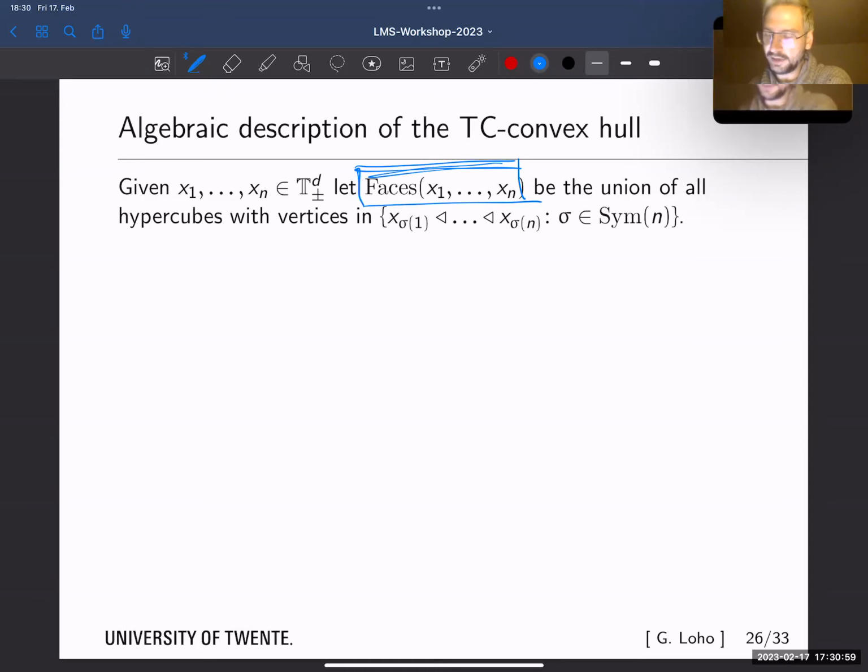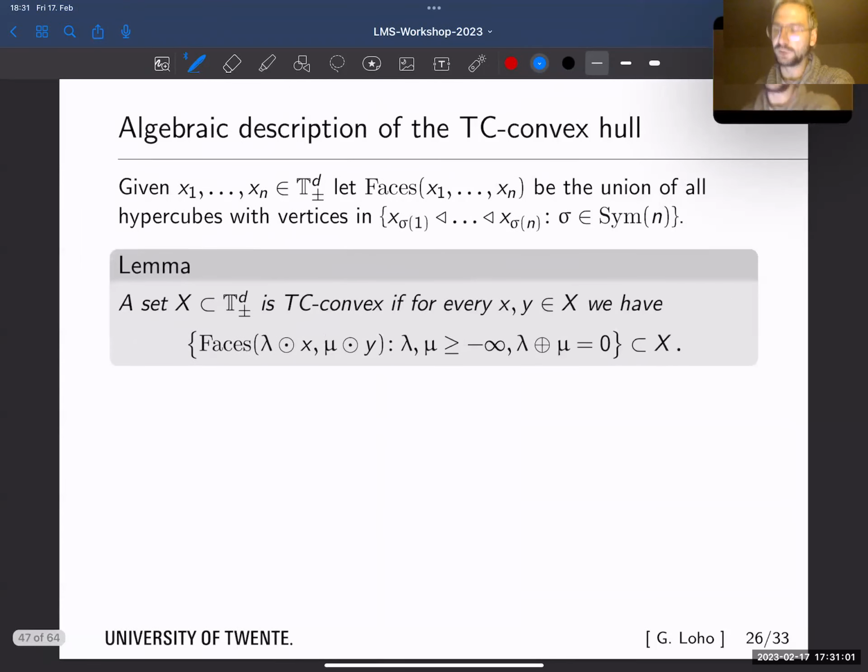And now with this operator, we can actually write down something which looks like we would just take convex combinations. Namely, again, we just take non-negative scalars which sum up to tropical 1, and then we plug it into this operator. And with this, we get a characterization of the form: a set is TC convex if and only if it contains all these combinations for all pairs of points, which is in some sense analogous to the requirement that the set contains all line segments between these points.